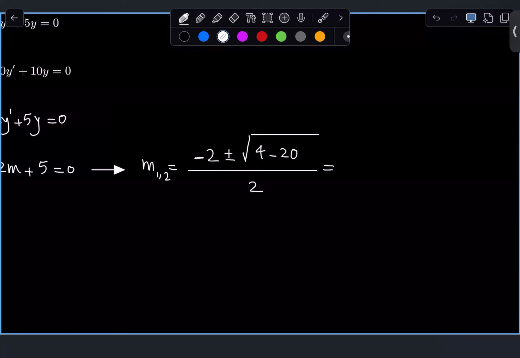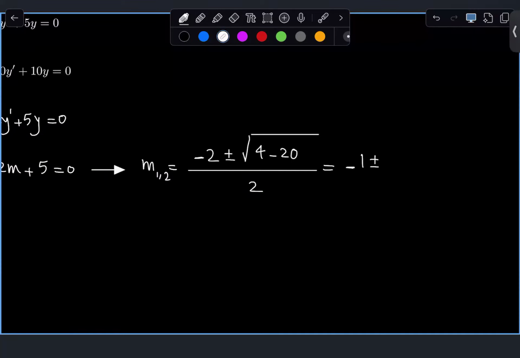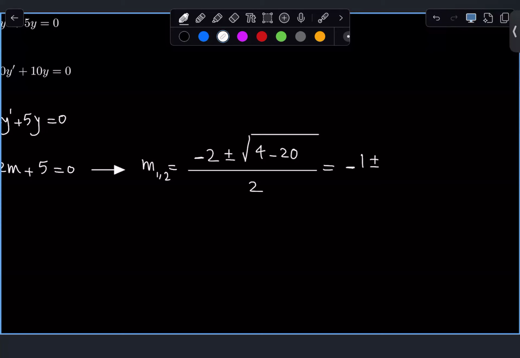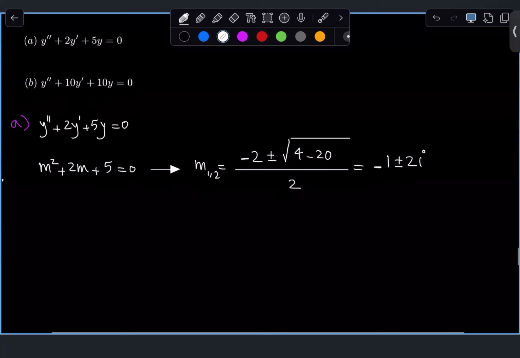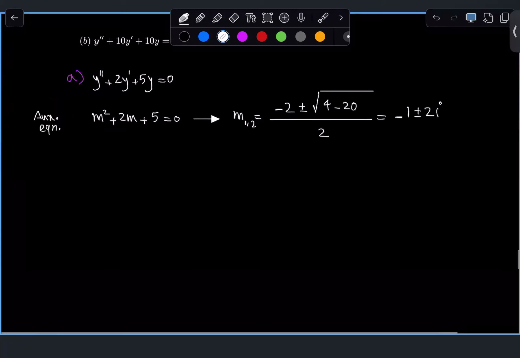So the roots are -1 plus minus, that's 16, right? -16. So the square root is 4i. So divide by 2, you get 2i. Right?